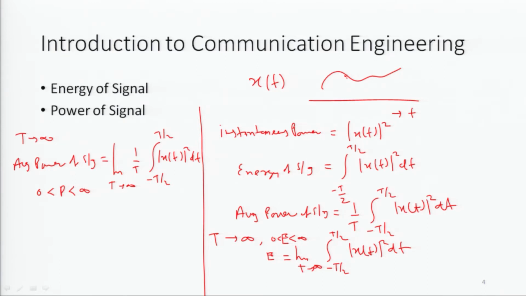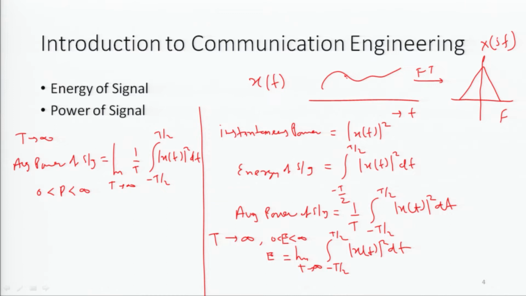One more thing we can add here: in the time domain we can calculate energy and power in this way. Similarly, in the frequency domain, this is the signal x(t), and its Fourier transform, suppose something like this, is X(jf).